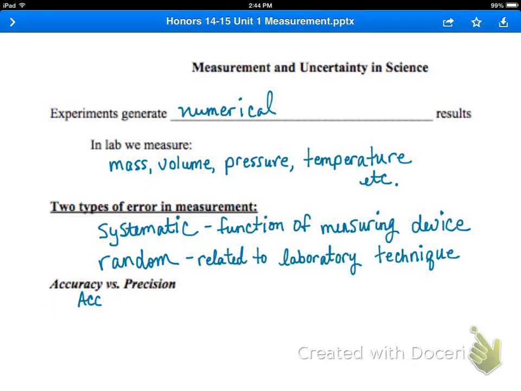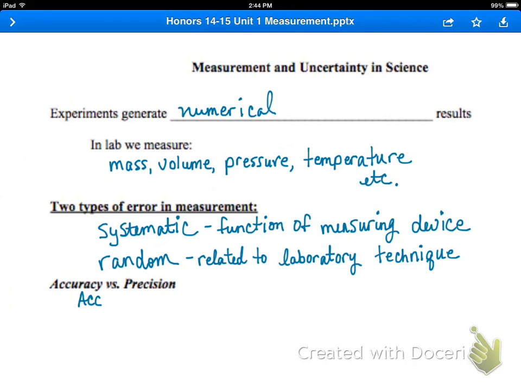We also have random error, and random error is due to laboratory techniques. So we might be measuring something, in fact, in the wrong way. So random error is something like, let's say I am measuring the mass of a substance, and I put the weighing dish on the electronic scale, and then I add the substance to the weighing dish, and I report that mass as the mass of the substance.